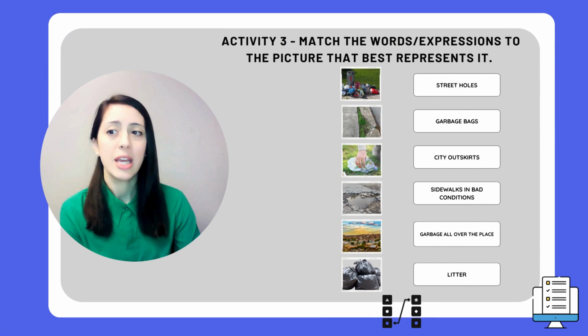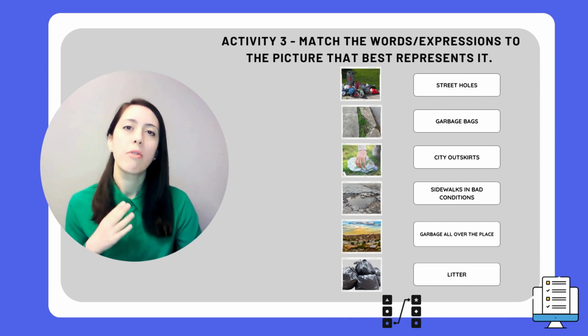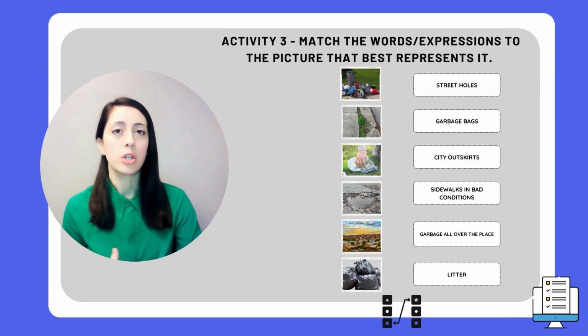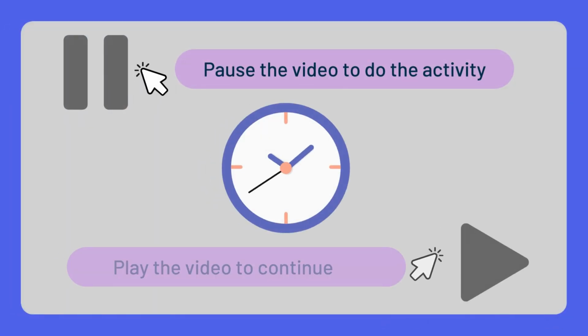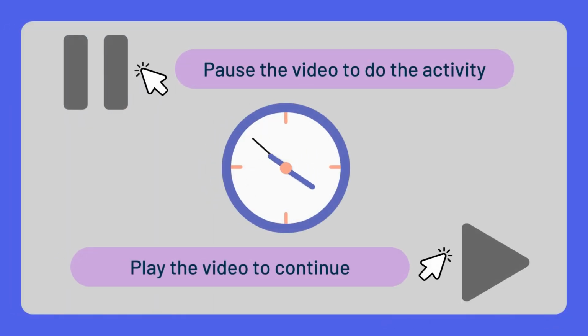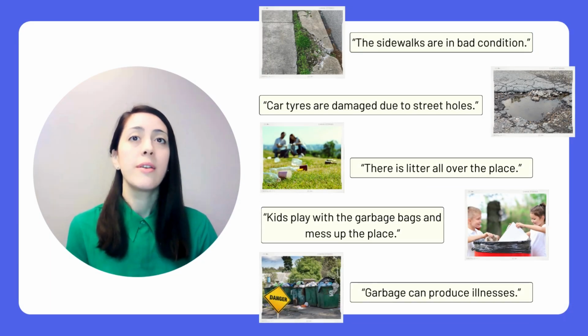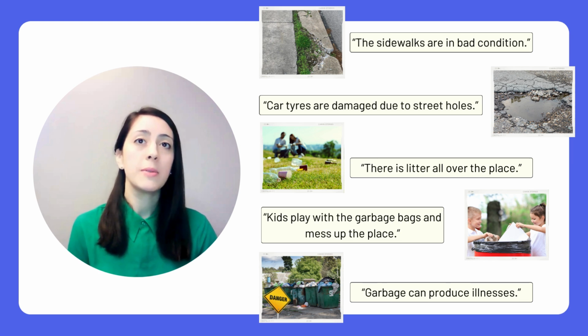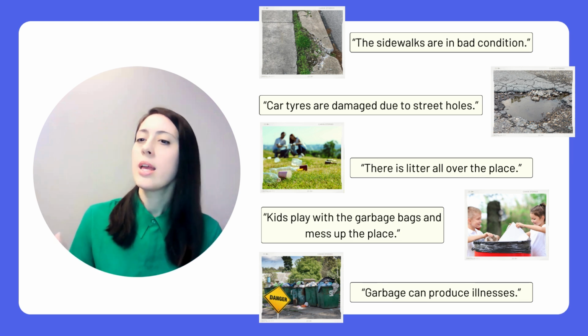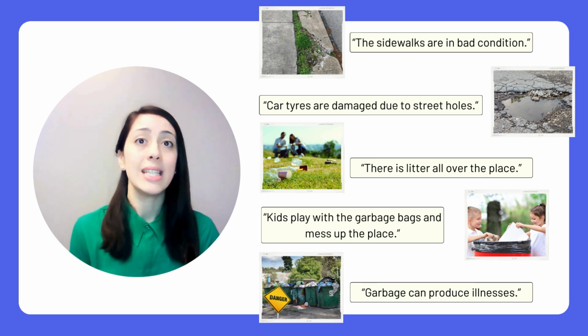Activity 3. Match the words or expressions to the picture that best represents it. In his article, Federico shares the perspectives of some locals in relation to the problem the city has.